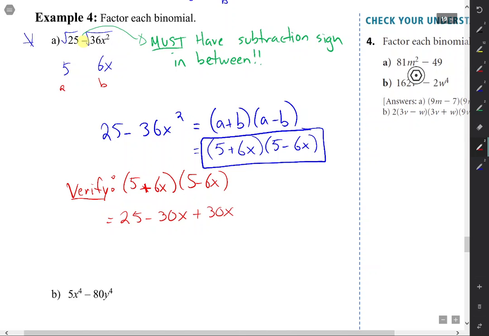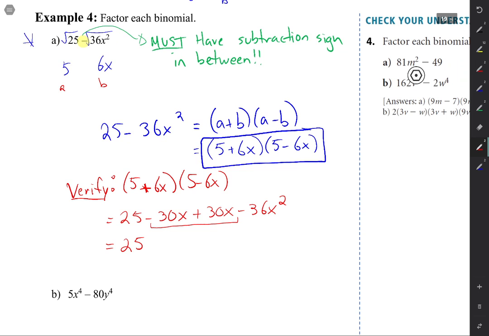And then the last terms are 6x times negative 6x, which is negative 36x squared. And if we were to combine like terms here, negative 30x plus 30x is equal to 0x. So those terms cancel each other out, which is why we're only left with two terms at the end, 25 minus 36x squared. So that is equal to our original expression up here, so our answer is correct.